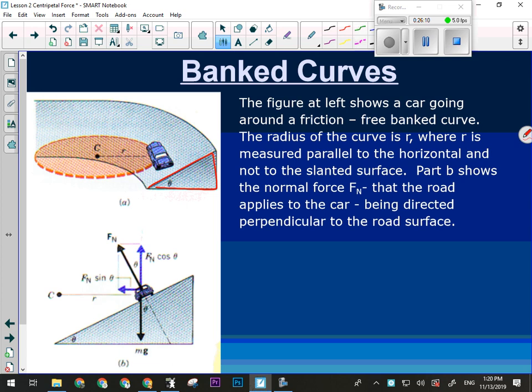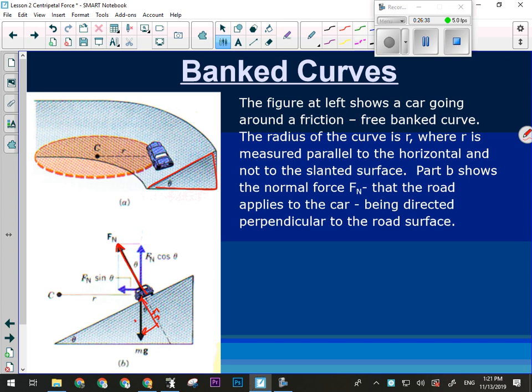Want to go up the ramp and slightly into the ramp. If it pushes on the ground, what does the ground have to do? Push back, which is why we don't use the usual inclined plane triangle where Fn is smaller than Fg. We're using this one. Fn is going to be a little bigger than Fg now because we've got a little bit of push from the car pushing on the road. So we've got Fn now being the hypotenuse of the triangle.